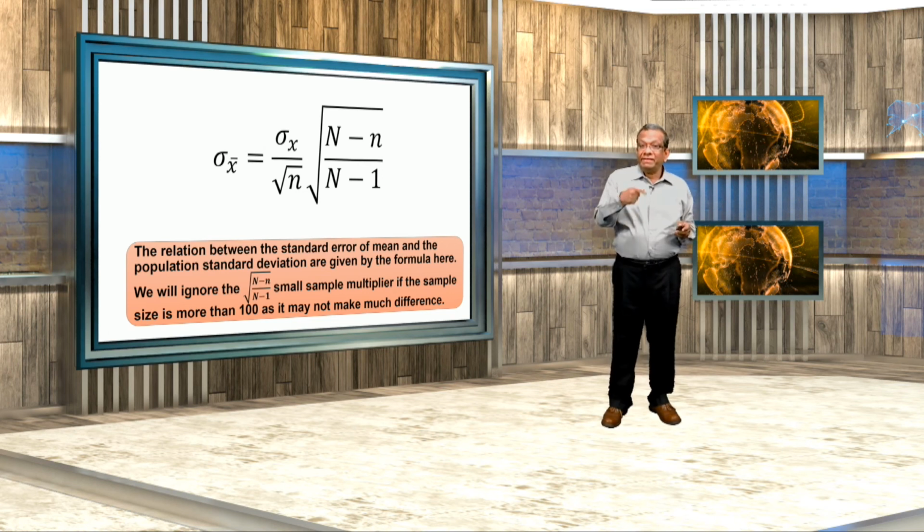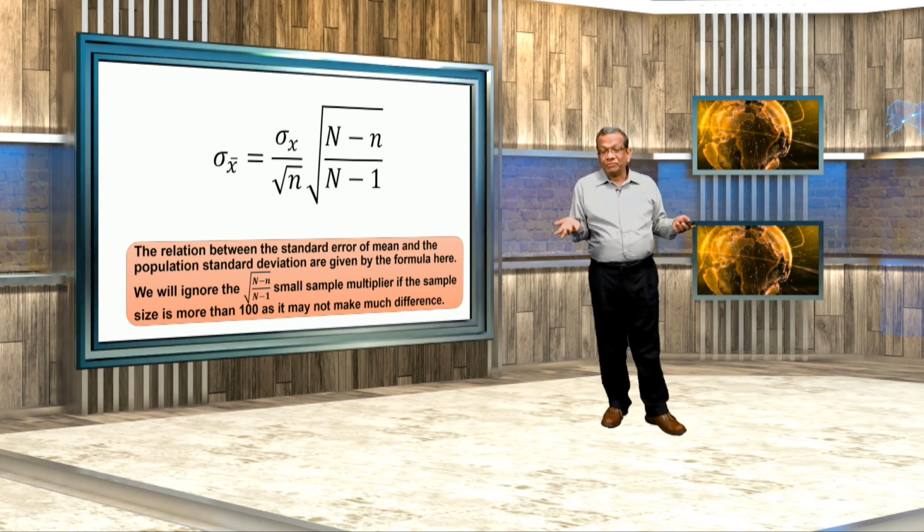In this case, I have taken only 5 samples, therefore you definitely need to multiply with this small sample multiplier, but it is not necessary if the population size is too big. If the size is 100, it may not make much difference if you take a small sample of 10. Only when you take a small sample of 3 out of 5, you will get different results.